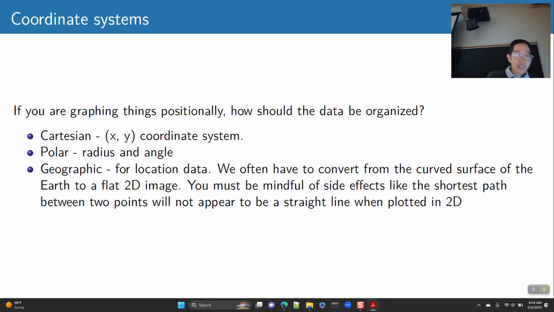When you graph things and you have a coordinate system, a lot of times we think of just X, Y, Cartesian coordinates, X in this direction, Y in this direction, but it doesn't always have to be, right? You can talk about graphing things on the globe, all right? And you've got longitude and latitude.